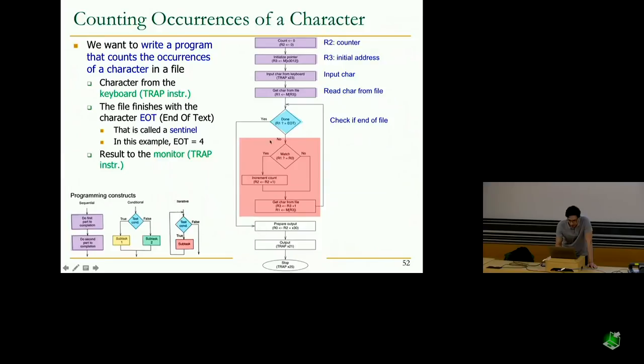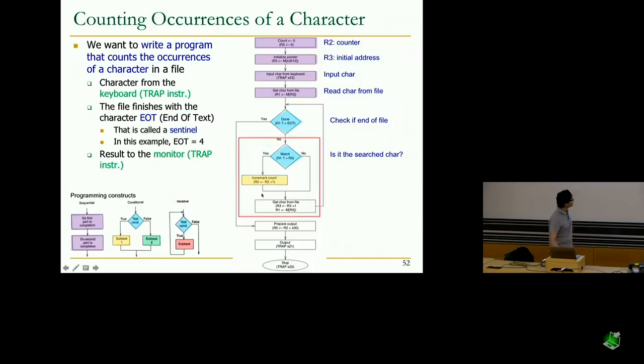If it's not, we will execute this subtask here. Observe that this subtask is composed of a conditional construct, where we check if the char that we just read from memory is the same as the one that was input from the keyboard or not.